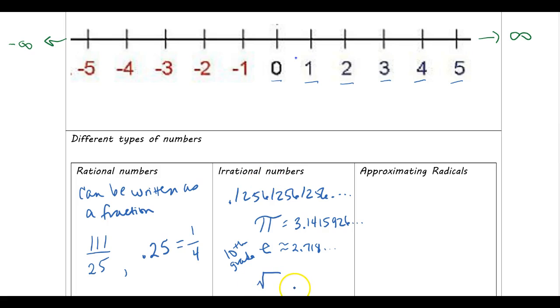Let me just try to put it in perspective. Okay, the square root of 11. Now, some of you may not even understand what a square root symbol is, okay? But when you see this symbol, it's asking you what number times itself is equal to the number underneath. So, for instance, the square root of 16 is a rational number, because can you think of a number that you multiply by itself and it equals 16?